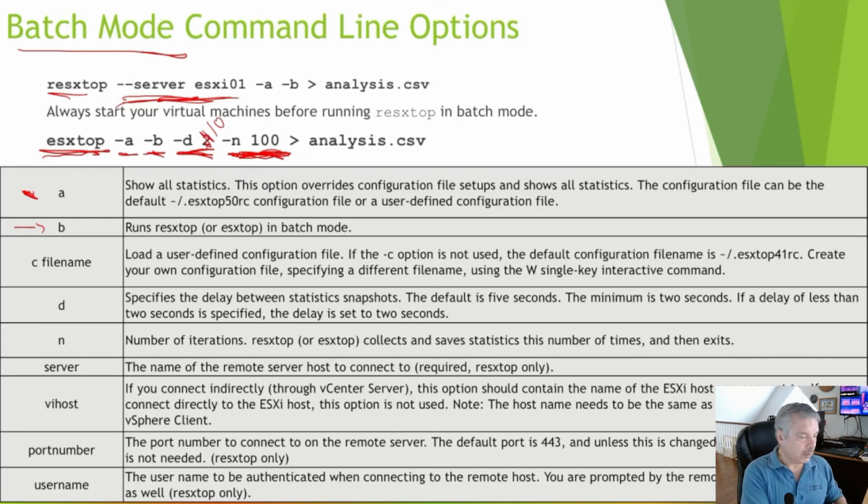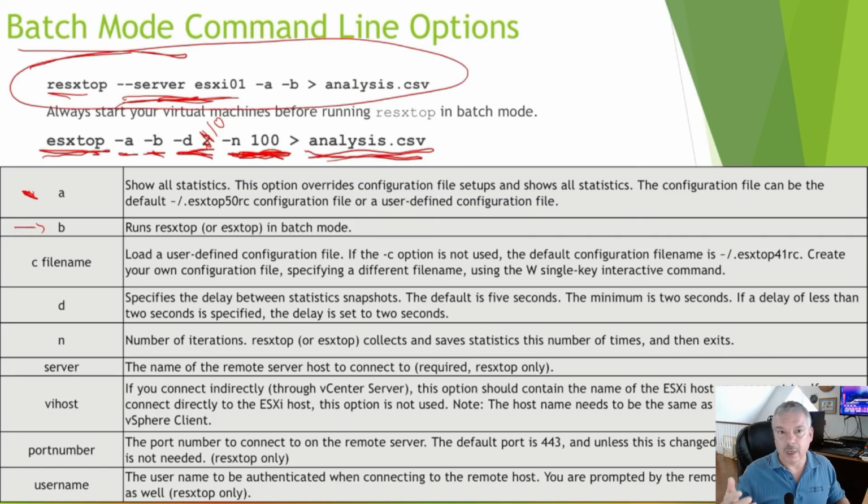Then you redirect it out to a CSV file, and you just let this run. Once it's done, you take that CSV file and copy it off your ESX server, or if you used RESXTOP, you copy it off of there. Now you can use Windows perfmon and import this CSV, maybe if you're more comfortable with Windows perfmon. Or you could bring it into Excel and do some really cool stuff in there. That's kind of neat, and you have that as an option.